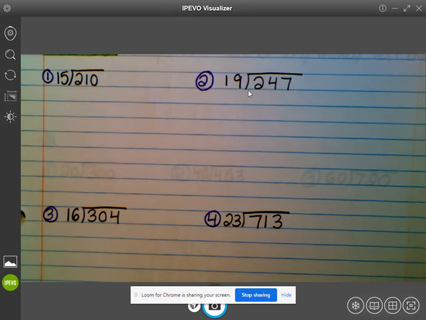Number 2 is 247 divided by 19. Then number 3 down here is 304 divided by 16. Number 4 is 713 divided by 23.